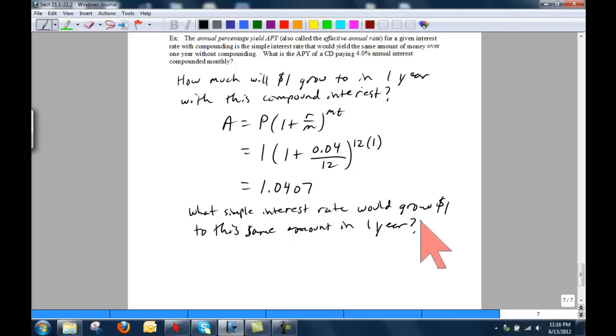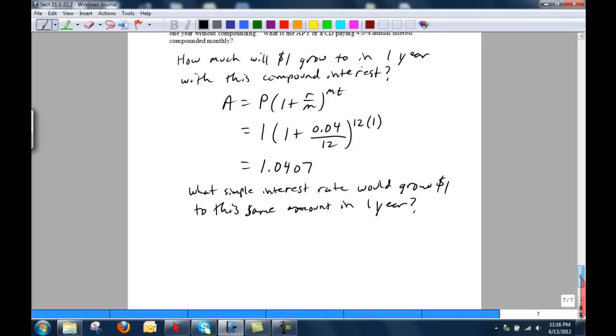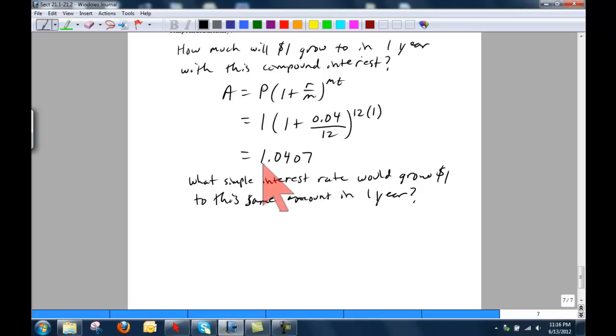So you can think about two banks sitting side by side. One of them pays you compound interest, one of them pays you simple interest. The one that pays you compound interest will grow your dollar to 1.0407. The one beside it pays simple interest. What interest rate would they have to pay so you could still end up with the 1.0407?